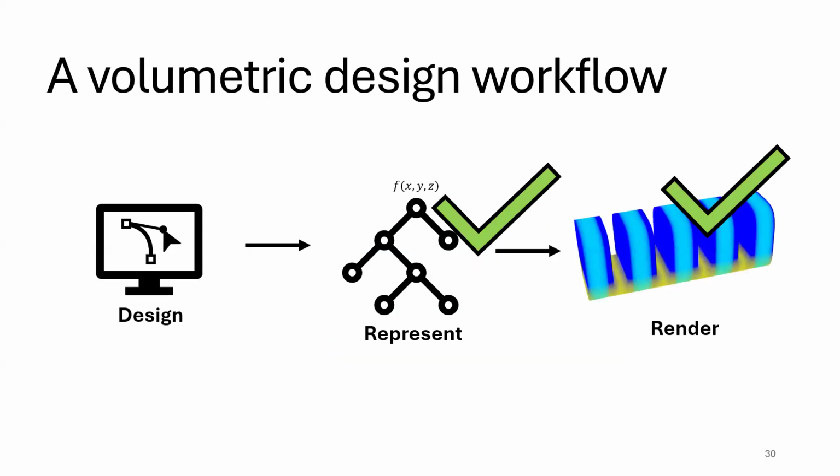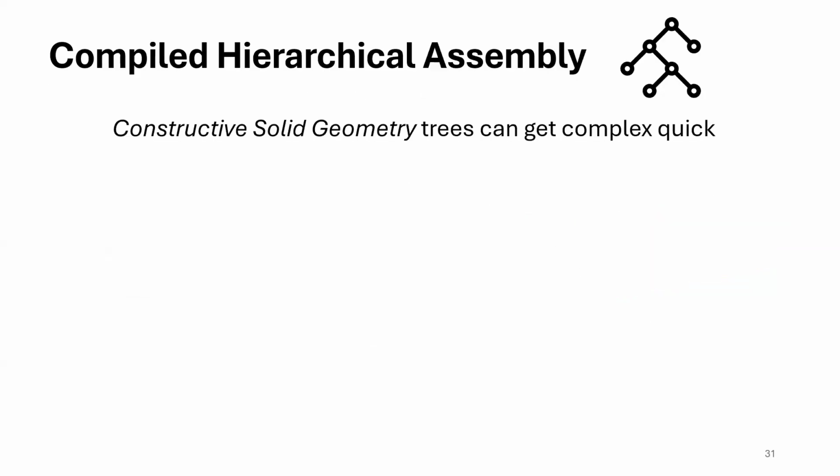Coming back to our workflow, we now have an efficient way of representing these volumetric designs. We're rendering with ray tracing or texture slicing, and we're going to represent these hierarchical trees. That's what leads to this next idea. How we actually do the design is with what we call compiled hierarchical assembly. This is primarily relative to constructive solid geometry, although it can also be applied to attribute modeling.